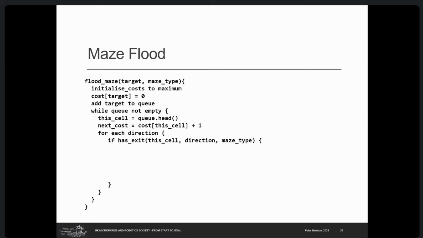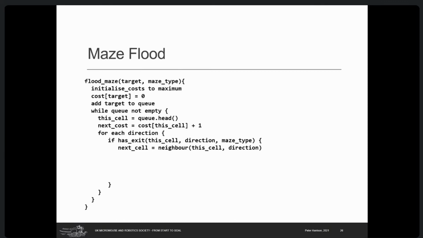And for each of those directions, we say, if there's an exit in that direction, and we've already seen this is a trivially simple function, what are we going to do? We find out what the neighbor is. So there's just a neighbor calculation. So it could be the cell to the north or the east or the west, that function will be dependent on how you store the maze. Derek stores his in a different order to the way I store mine, for example.